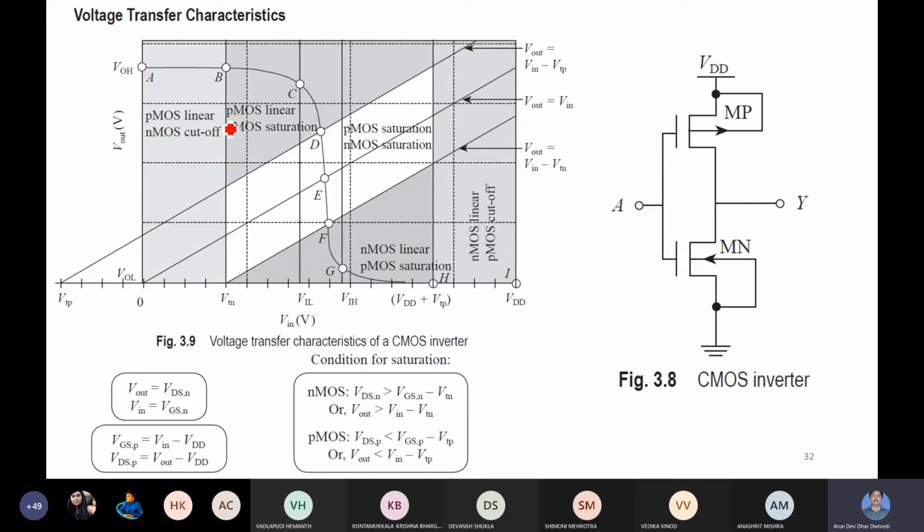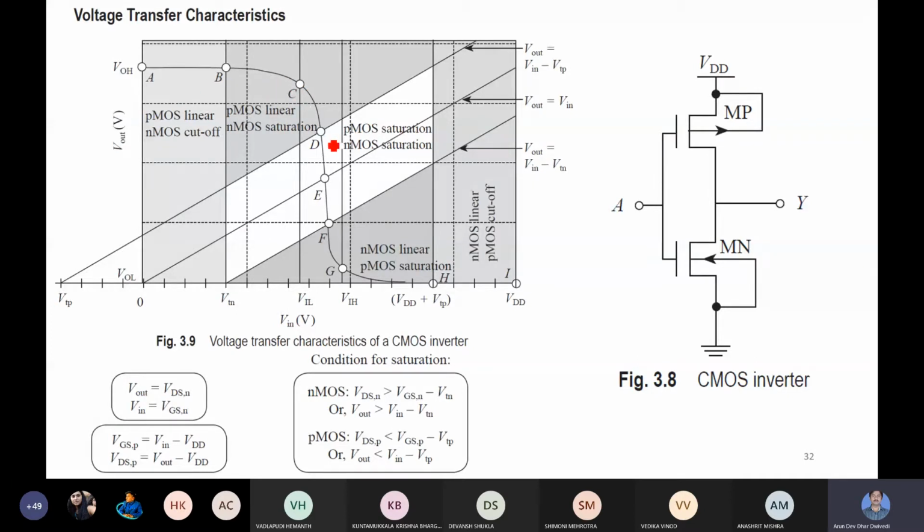At point A the output is maximum, so VOH is decided: VOH is equal to VDD. Basically at 0 input voltage it gives the maximum voltage, VOH, which is exactly equal to VDD.